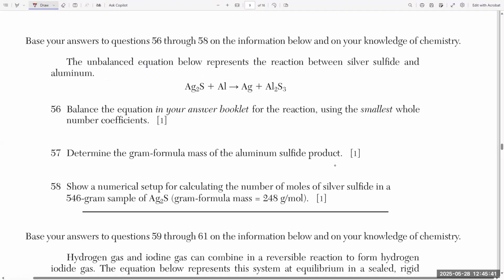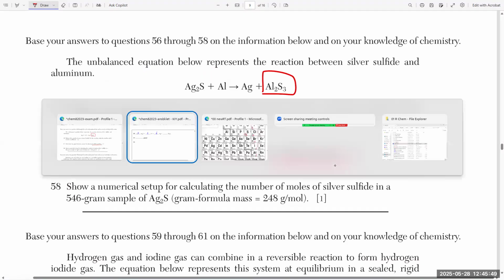57. Determine the gram formula mass of aluminum sulfide product, right? It's a product right here. They want the gram formula mass. Well, it's Al2S3, right?